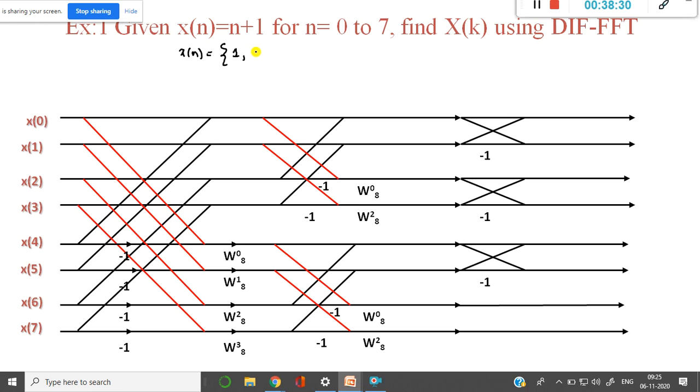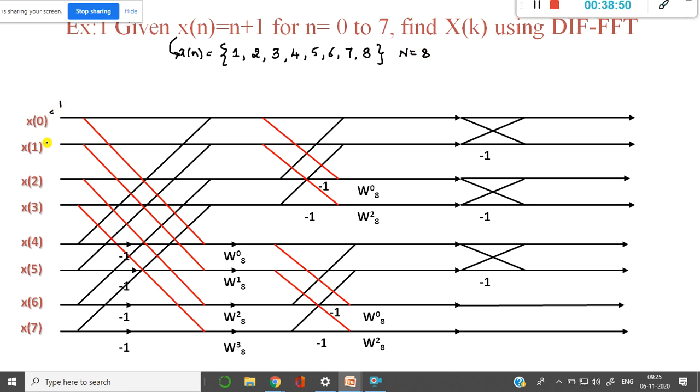If I put n equal to 1, the value is 2, and then 3, 4, 5, 6, 7 and 8. So this is x of n equal to n plus 1. So you have an 8-point DFT where N equals 8. Okay, so try to solve this.